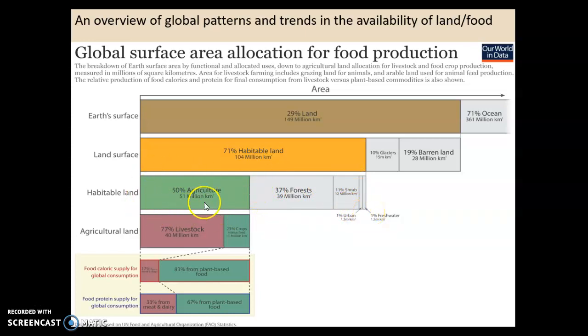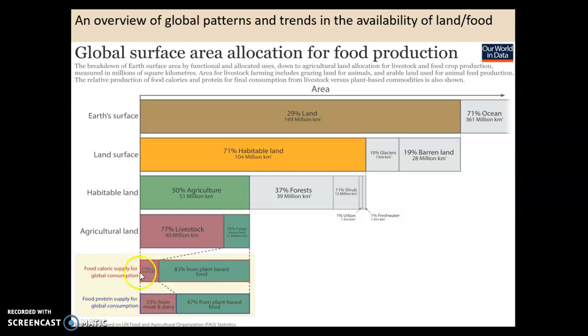Of the land used for agriculture, 77% of that is livestock, 23% is crops. From the crop stuff, as we go down, 83% is plant-based food, okay? And so that is food, calorific supply for global consumption. And then 67% of, hold on, let's go back a bit.